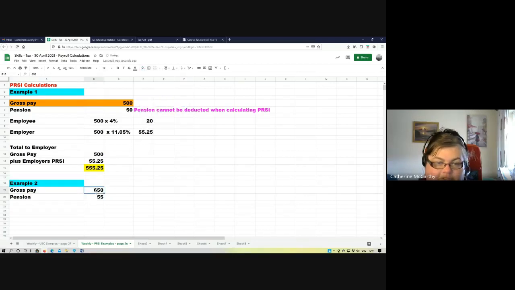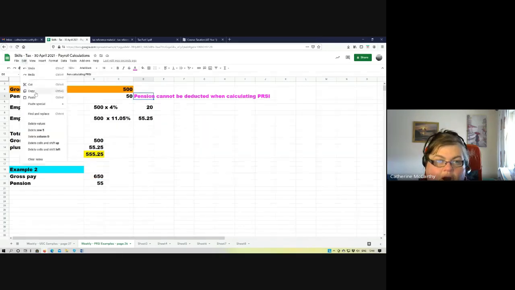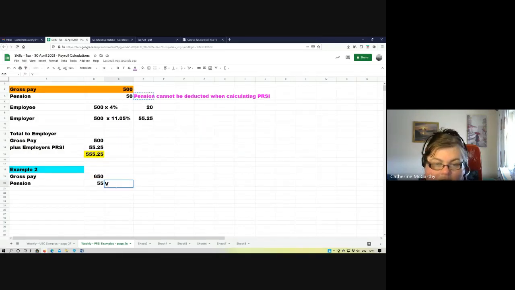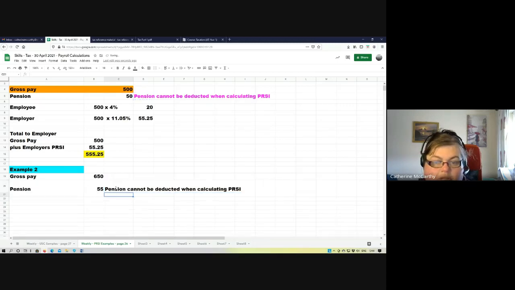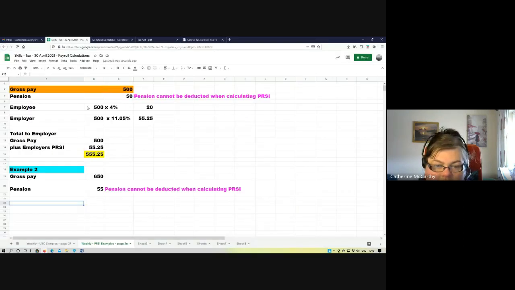So gross pay is 650, pension is 55, but the important thing is, again, the pension cannot be deducted when calculating PRSI. Once an employee is earning over €352, they'll be paying PRSI at 4%.